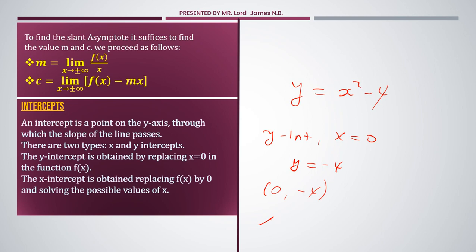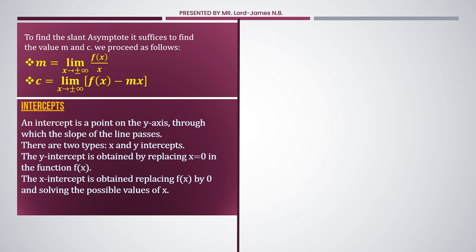So you can write the y and x intercepts in coordinate form, which you should not forget when plotting. This is the y-intercept, -4. The y-intercept and the x-intercept represent the points where the curve cuts the y-axis and the x-axis respectively.